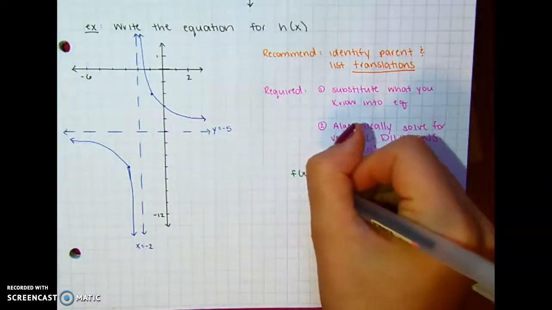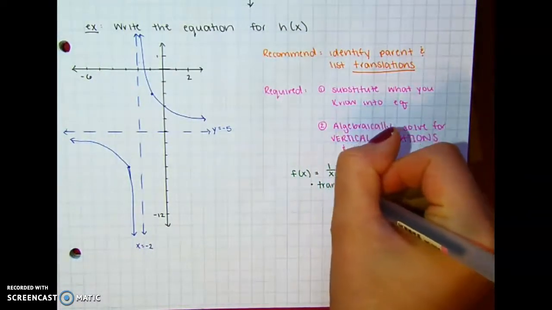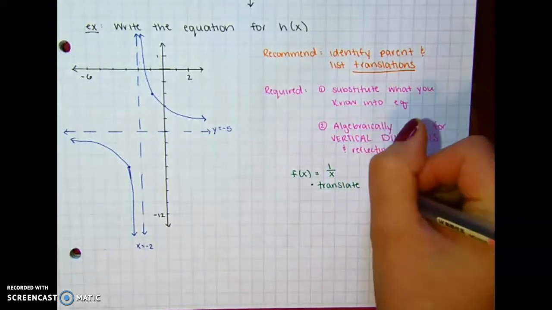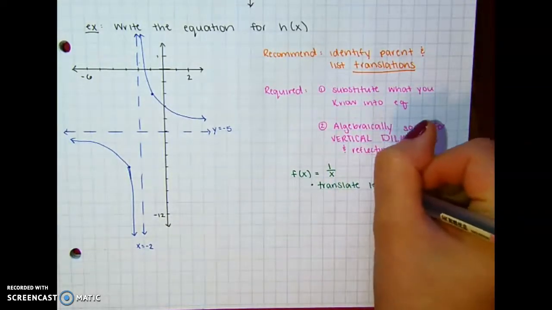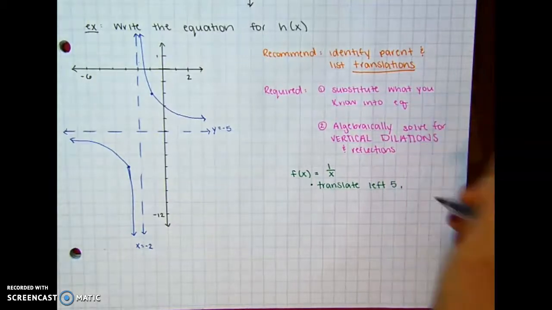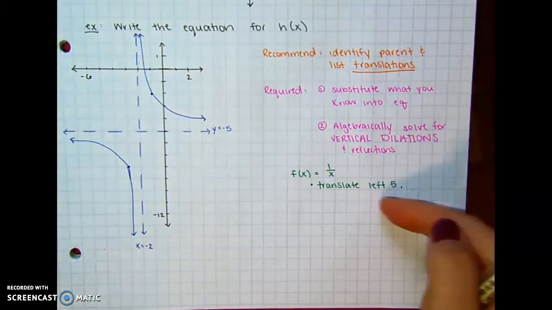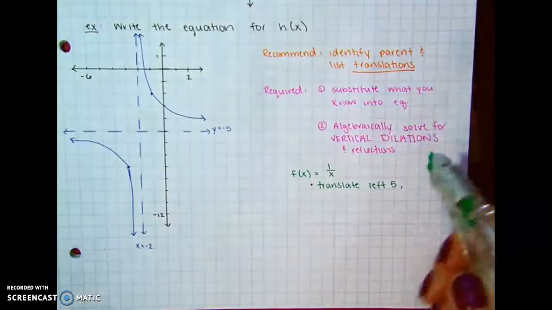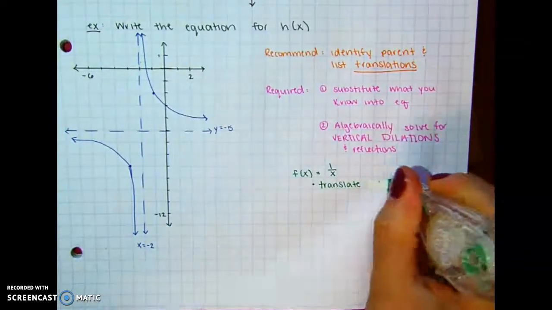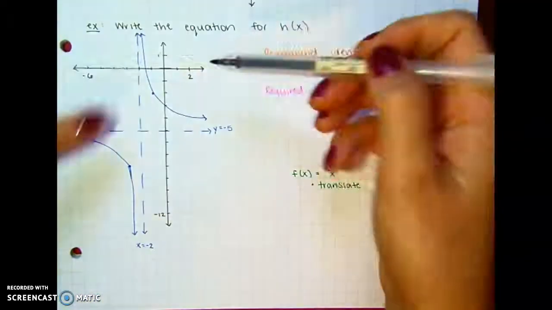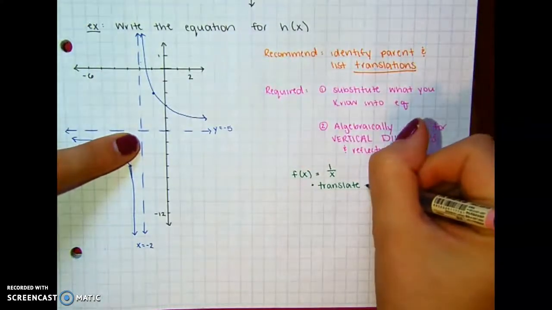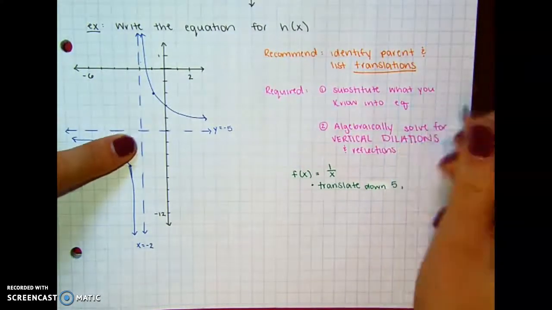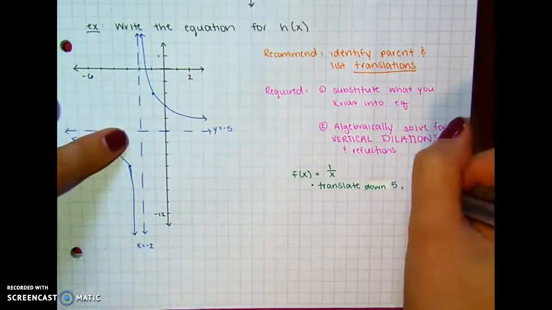So I know that this is being translated down 5 and left 2.